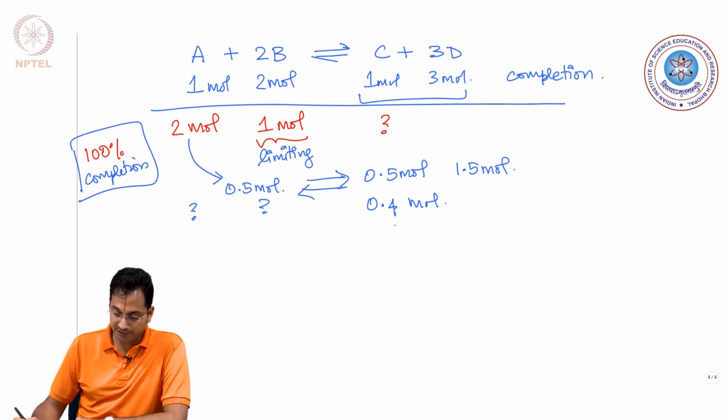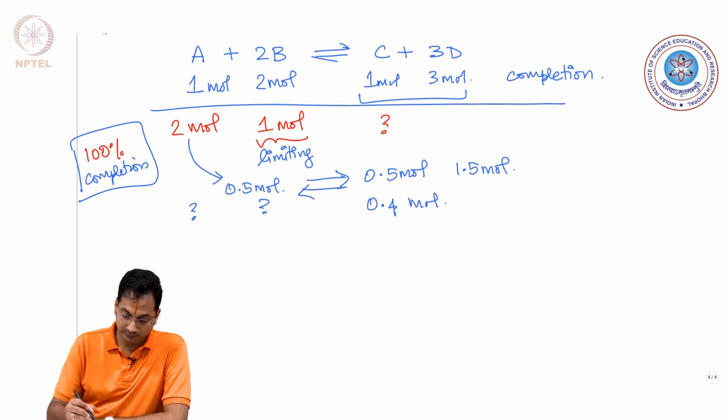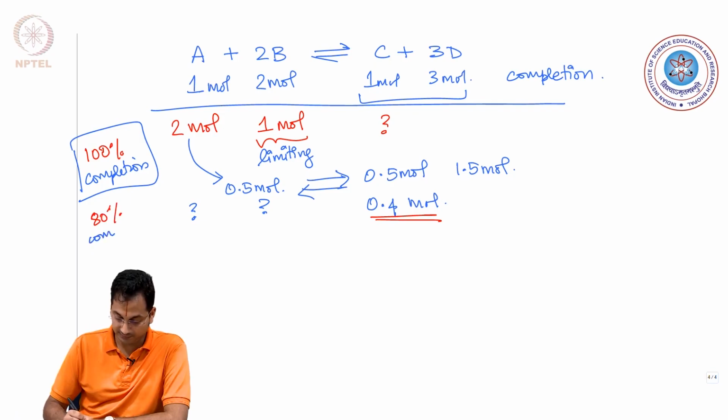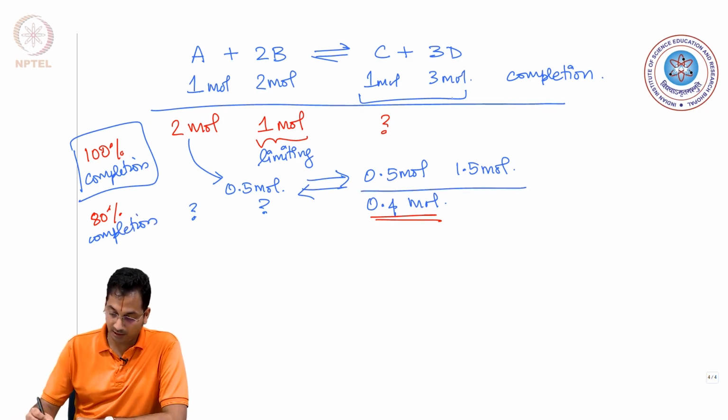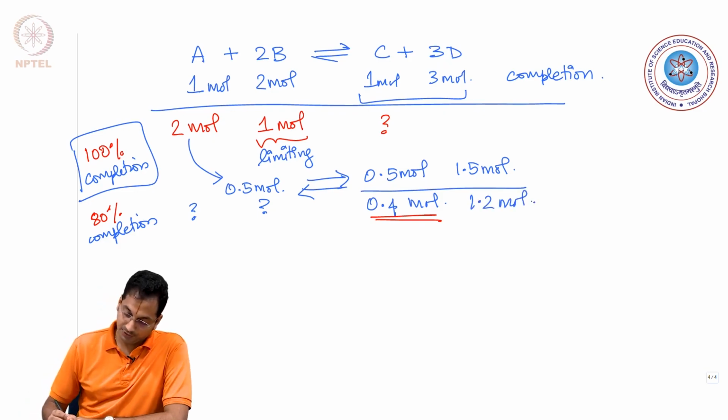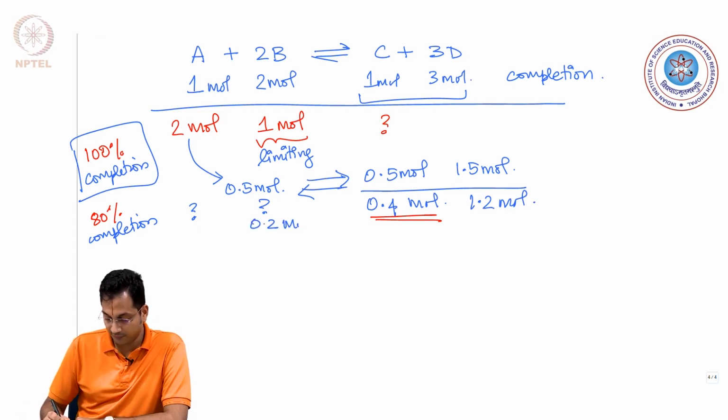As I just mentioned, you started with 2 moles of A and 1 mole of B to get 0.4 mole of C. So, in this case we are talking about 80% completion. In that case, you are able to realize 3 equivalents of D are going to be coming up. So, this is going to be 1.2 moles, and on the other hand, if only 0.4 got used up, you are going to have 0.2 moles of B remaining.